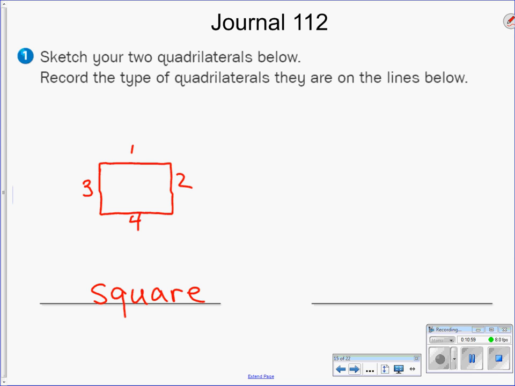You could also use, not real good at drawing here. Okay, that didn't work out very good for me, so let's try that again. Let's just use a rectangle.